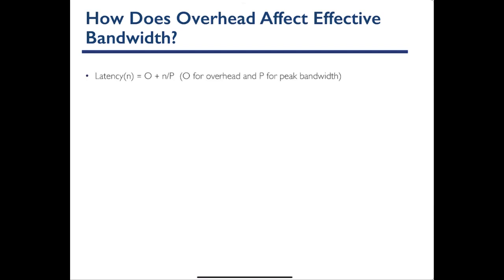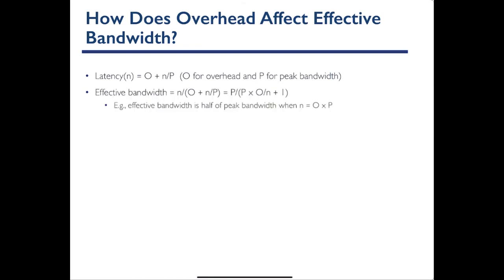So you can now use these equations to analyze your bandwidth. I'm rewriting everything, using O for overhead and P for peak bandwidth. The latency is O plus N divided by P. Now, effective bandwidth is N divided by (O plus N/P).